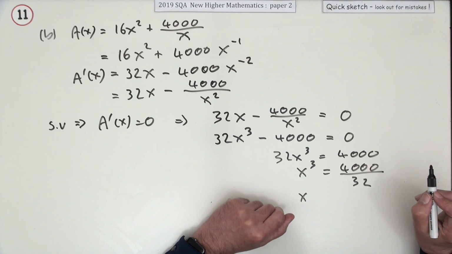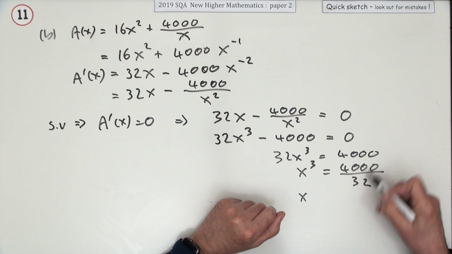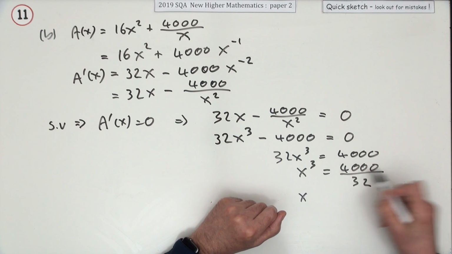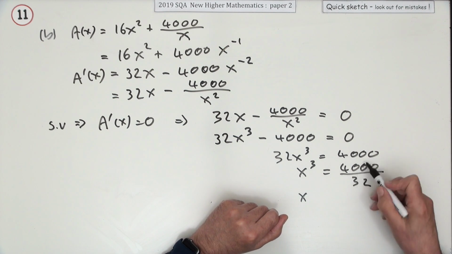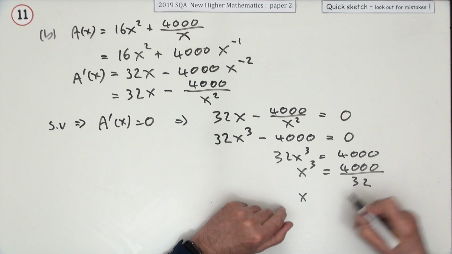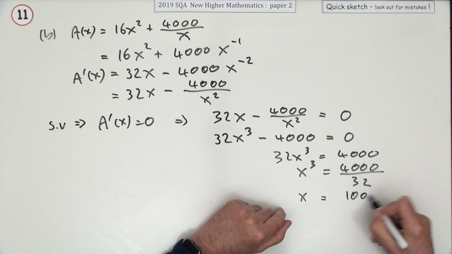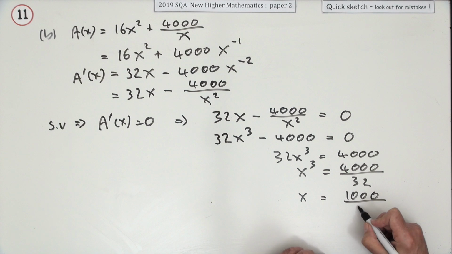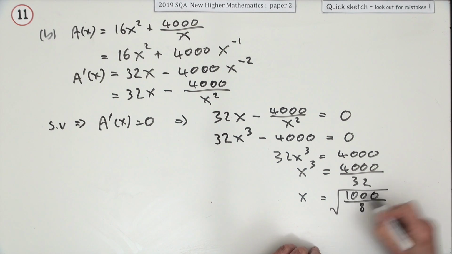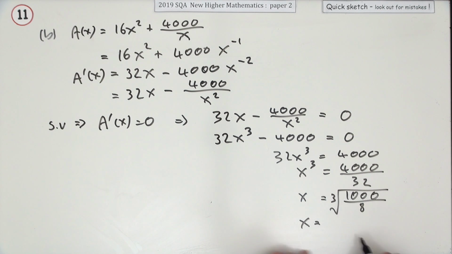Now you could put that into your calculator, but with cubes, it's getting close to something there, because 1000's a perfect cube and 8's a perfect cube, so just dividing that by 4. But you could just put it in your calculator anyway, leaves that, so you've got the cube root of that, and the cube root of that is going to be 10 over 2, which is 5.